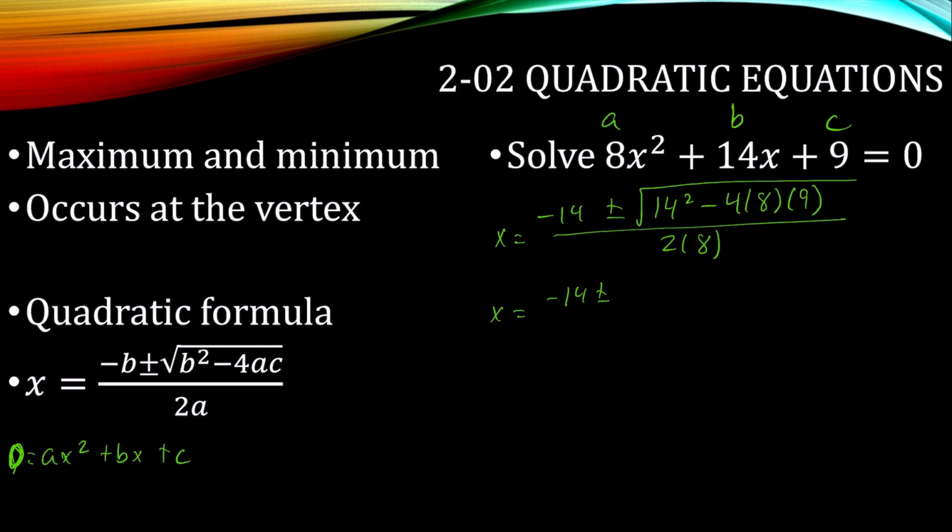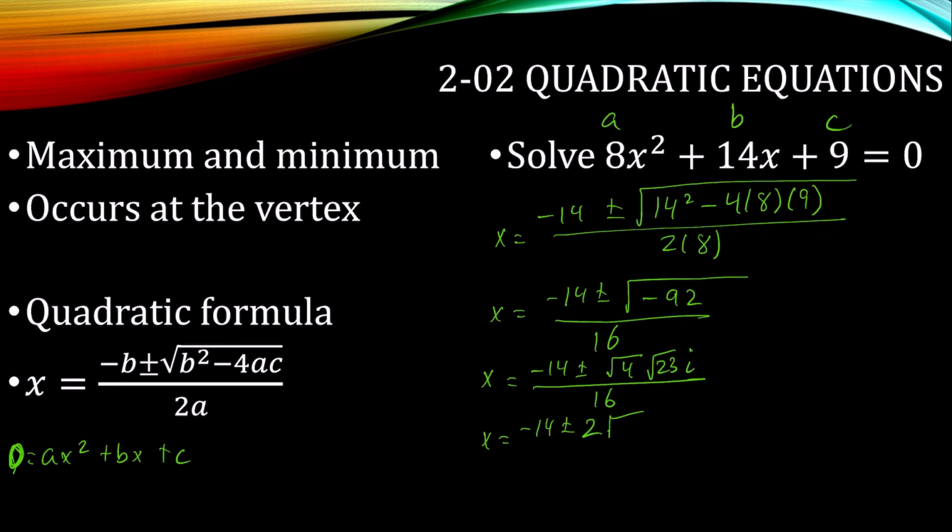14 squared is 196 minus 4 times 8 times 9 gives me negative 92. Alright, so it's the square root of a negative, so that means there's an i involved. Alright, so 92 is 4 times 23, and the negative makes an i.